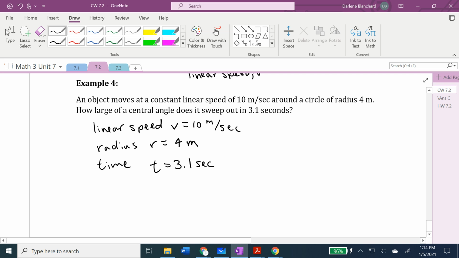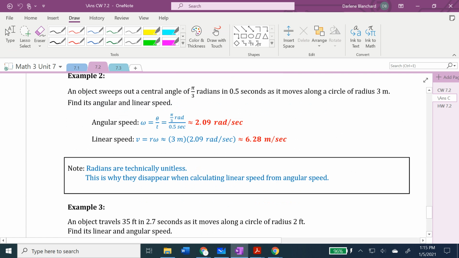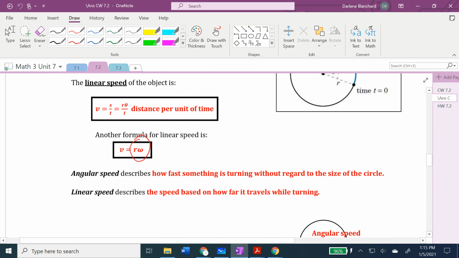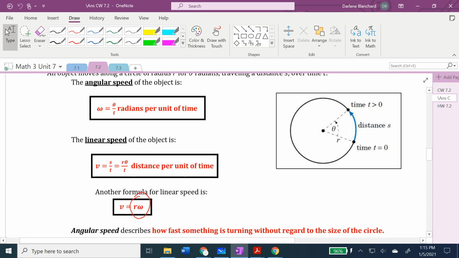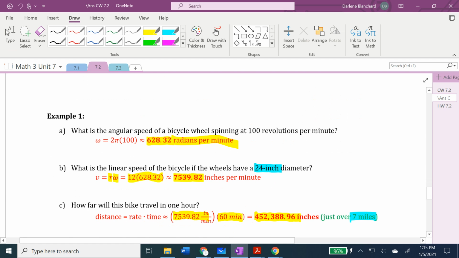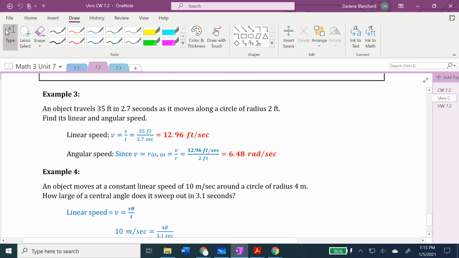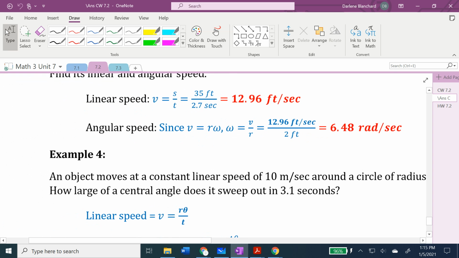Now I have a variety of formulas to choose from. So these formulas that I gave you right here are very, very important. Out of these formulas, what's going to help us out? And so the formula of linear speed is the radius times the angle that is swept out divided by time.